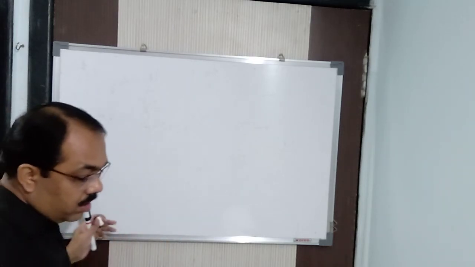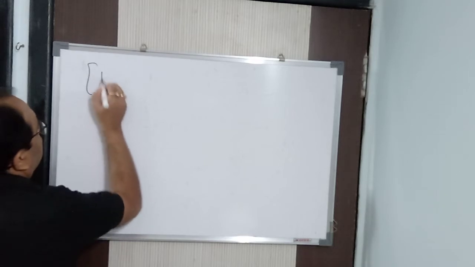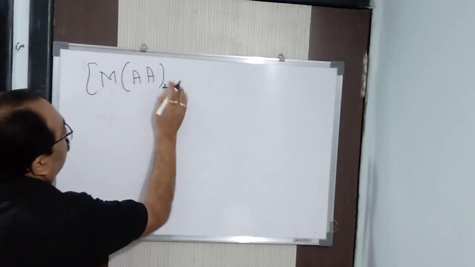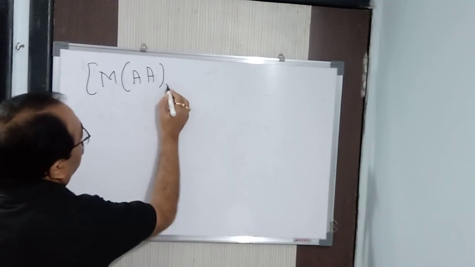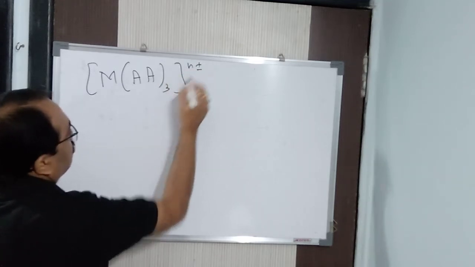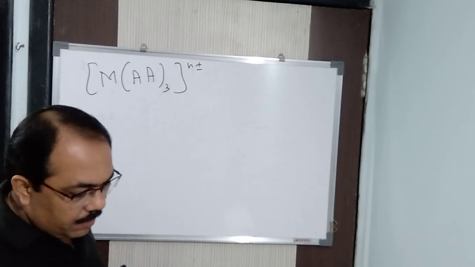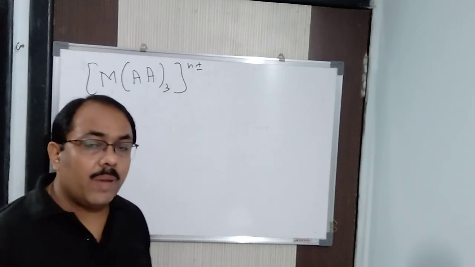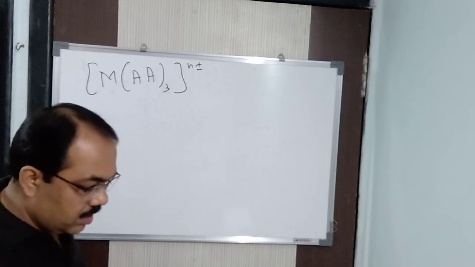So now coming under it, that is M(AA) whole thrice, to the power n plus or minus. It can be any charge. AA is your bidentate ligand, similar ligands.